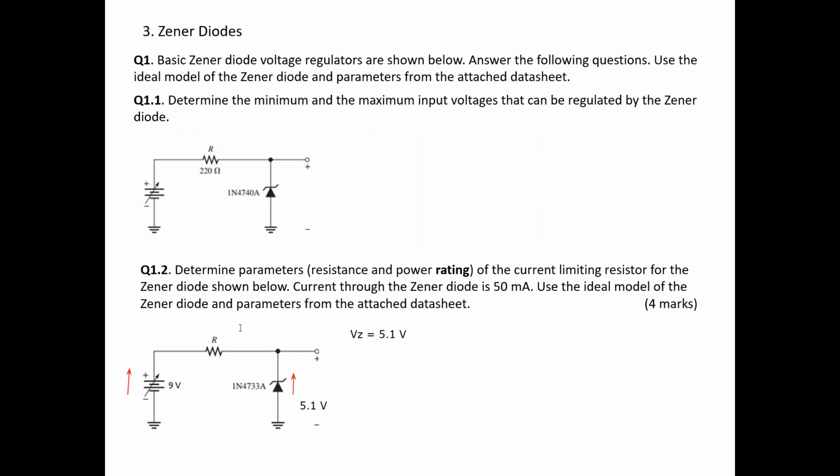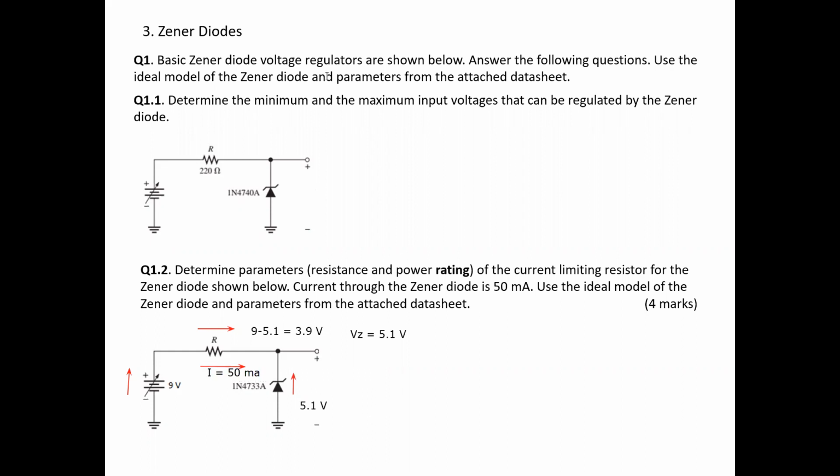Now when we have 5.1 over there, what will be the voltage across the resistor? It should be 9 minus 5.1, so that should be a 3.9 volt difference. Now we know the current. Current is given, and because we have this, we can apply simple Ohm's law here. I is equal to 50 milliampere.